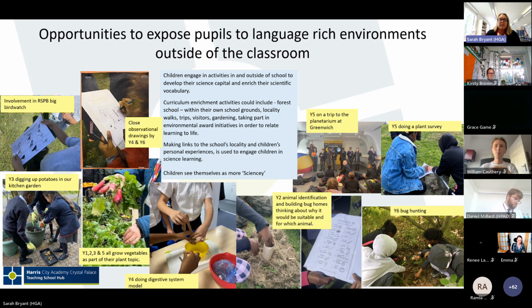And then they're starting to see themselves as scientists because they're doing it. The opportunity to take language from the classroom and utilise it outside shows that they've really grasped those vocabularies and that science understanding, because they can transfer it to a different environment, which is really, really important.